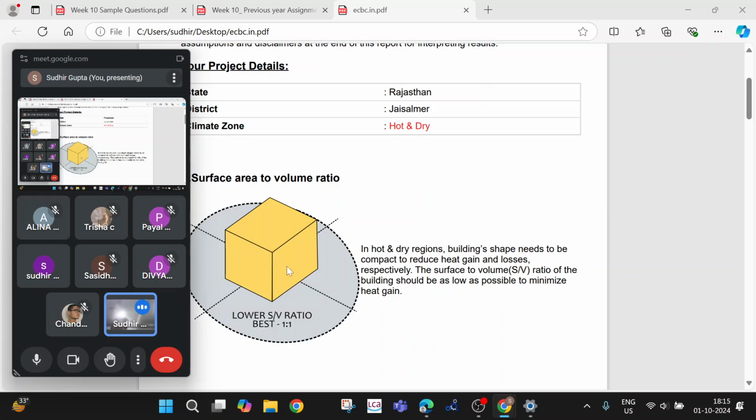Similarly, in the case of Jaisalmer or a hot and dry climate condition, you don't want the outside heat to enter into the building. That's why you want to reduce the heat gain or heat transfer between the outside environment and the indoor environment, so you can focus on this strategy there also.